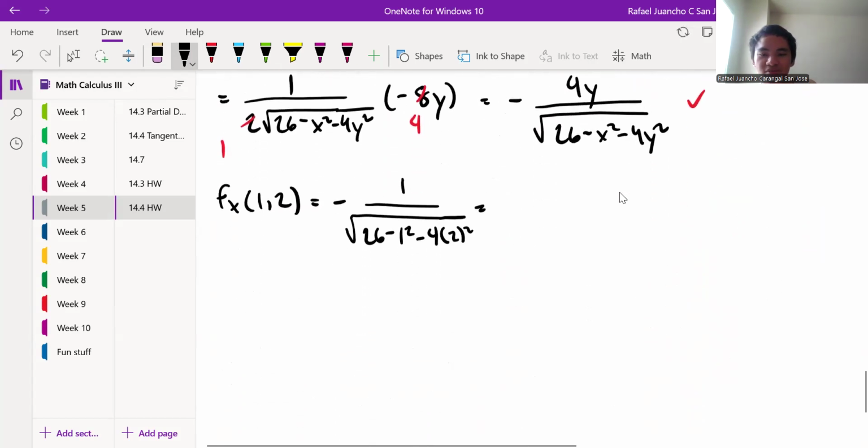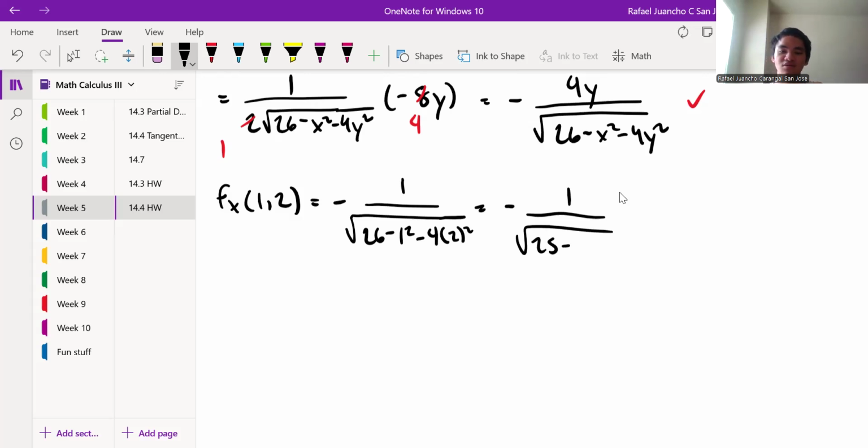So this becomes negative 1 over, 26 minus 1 is 25, minus 4 times 4. 25 minus 16 gives me a 9. So square root of 9 gives me a 3. So I'm just left with negative 1/3.